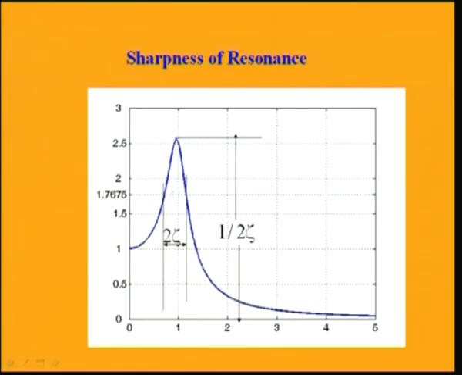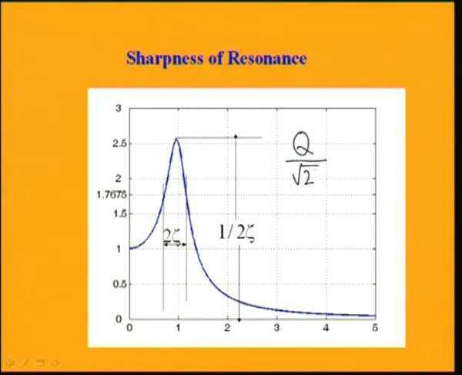It is recommended that we should not run this system at a frequency when the amplitude is 1 by root 2 times the maximum amplitude of response. So if I take the maximum amplitude equal to Q, we should not operate the system in this range, when the amplitude is equal to Q by root 2.